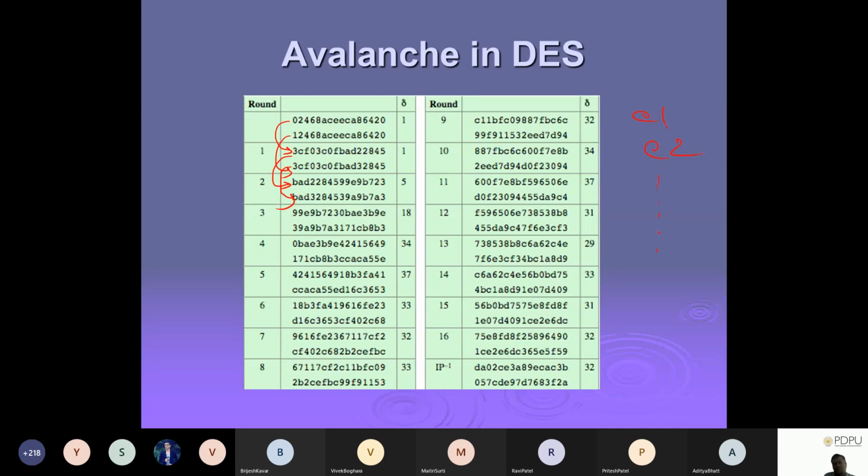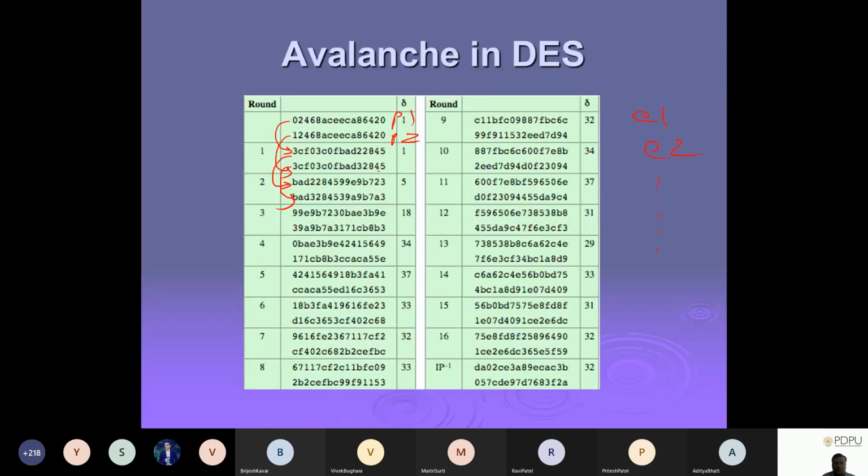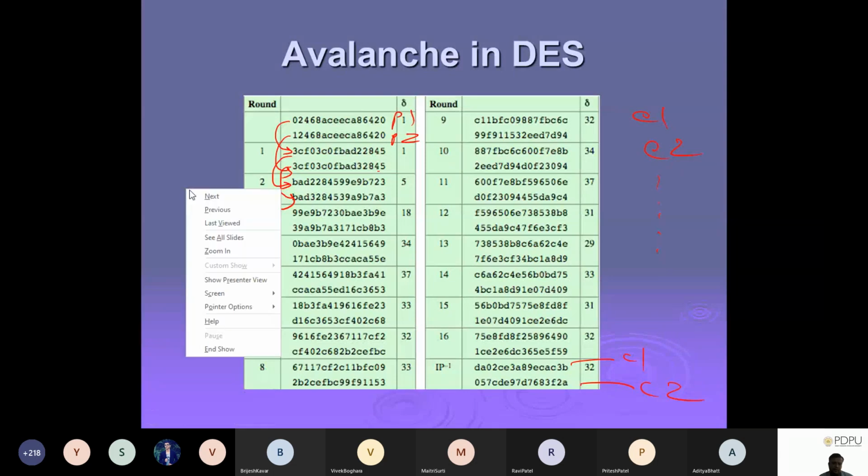Actually, DES can only work on one plain text, right? How does the concept of two plain texts come into the picture? I start with this plain text 1 and this plain text 2, and these are all the rounds. This is the example for one plain text, and similarly here I have taken the results for the second plain text, and at the end this is my ciphertext 1 and this is my ciphertext 2. But what is the need for this kind of table in analysis?